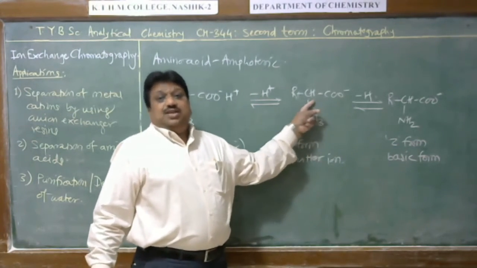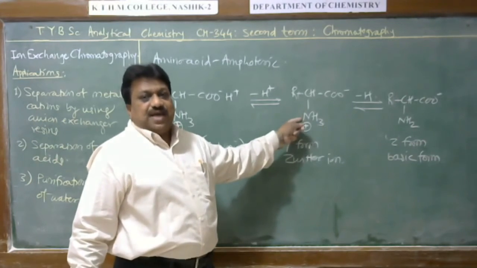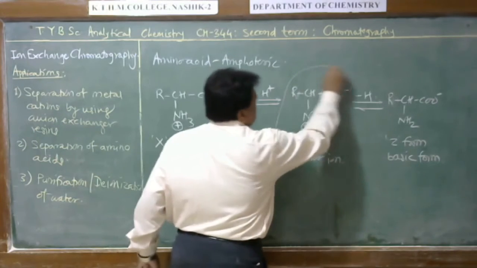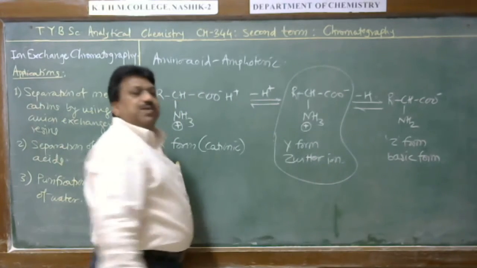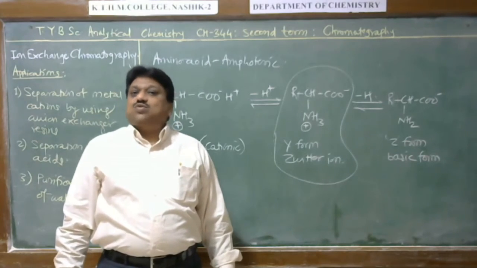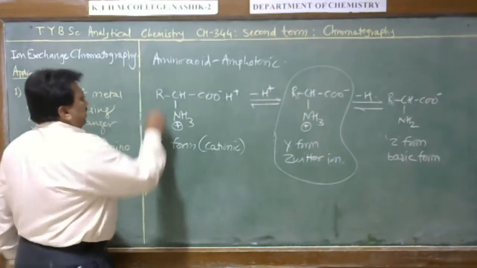The pH, that is the concentration of H+ ion, at which the net positive and negative charge on a particular amino acid is 0, is called the isoelectric point.